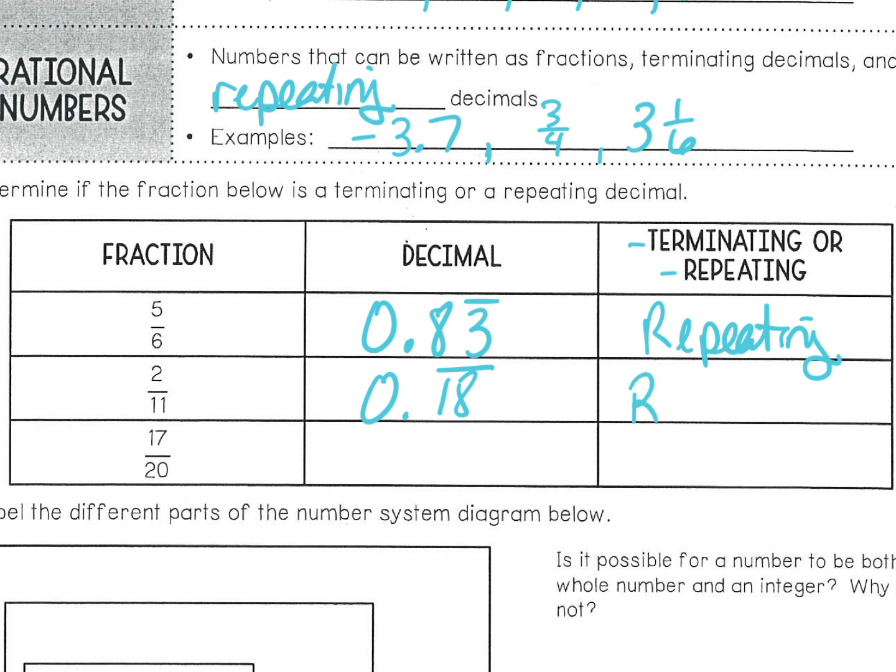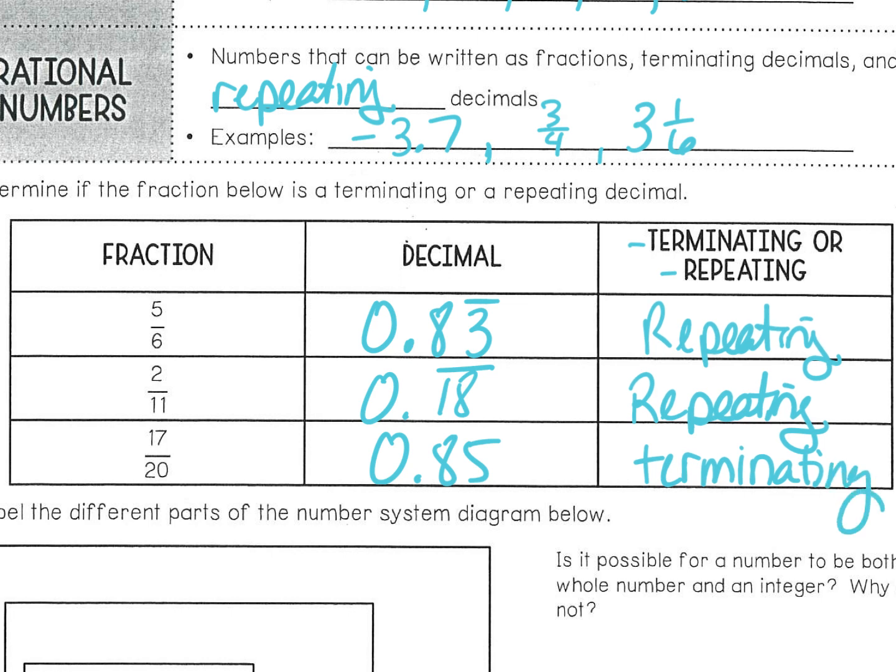So again, this one is repeating. And then we do 17 divided by 20, we hit enter, and we get 0.85. Well, this one doesn't repeat, which means it's terminating. It stops. It has a quick end. Just like 3/4 is 0.75, that would be terminating.